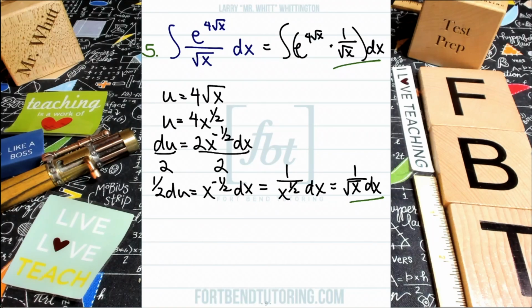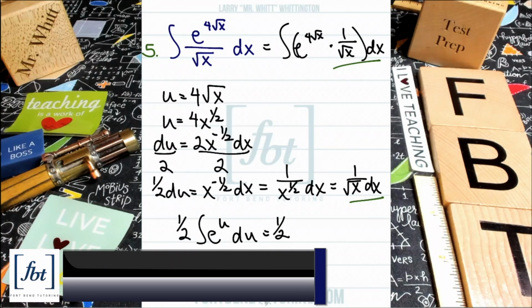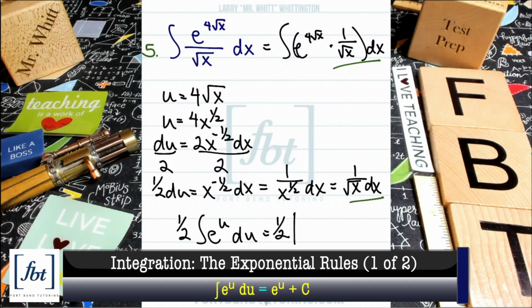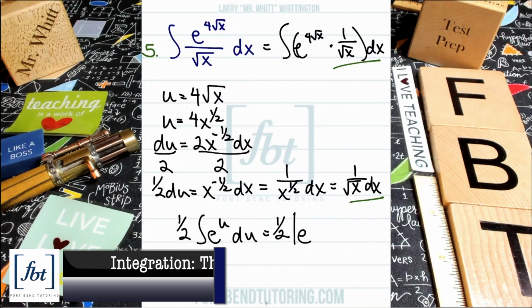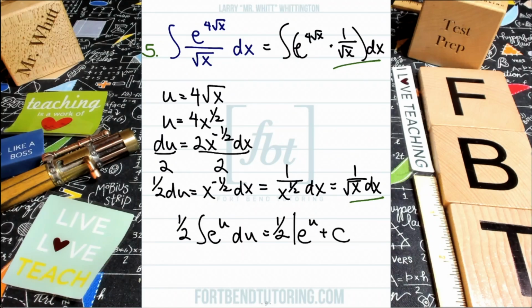As well as considering that new 1/2 coefficient, you'll have 1/2 times the integral of e to the u du. And now, integrating, I'll have 1/2, using the integral extension to show that this is the point where I start integrating. I'll have e to the u plus c.